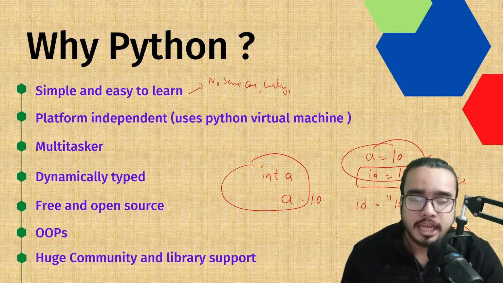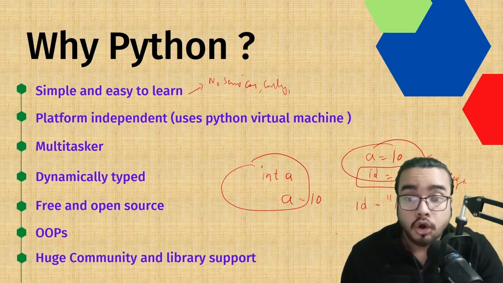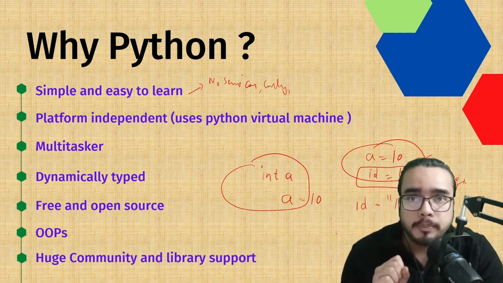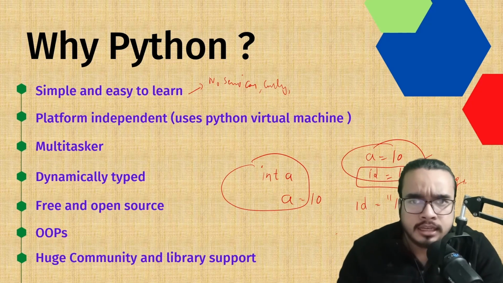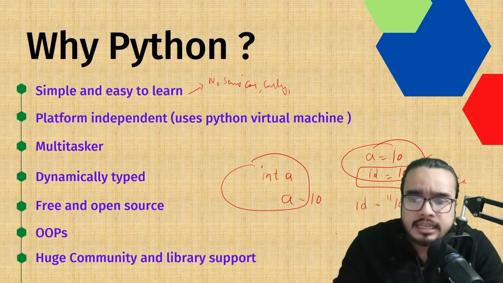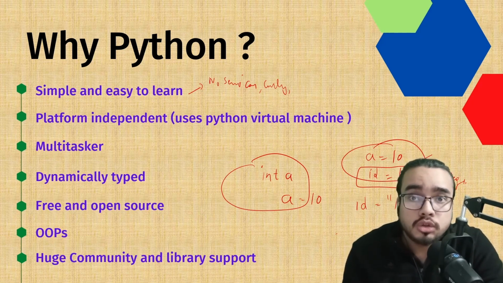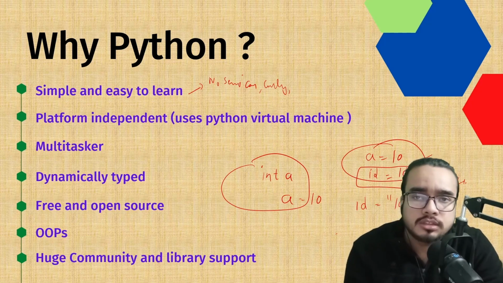So these types of things can happen, although you can do a few things to solve this problem. First is type hinting. You can write comments, or you can basically hint that a certain variable is of a certain data type. While passing to a function, you can simply write that this id is an integer, so that no one is confused. Then you can also use a static analysis tool like MyPy and Pyright.